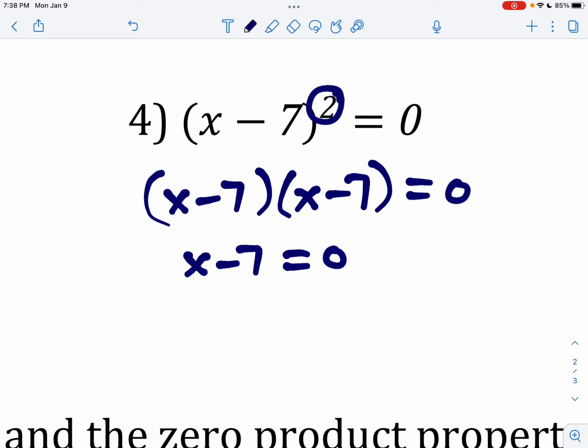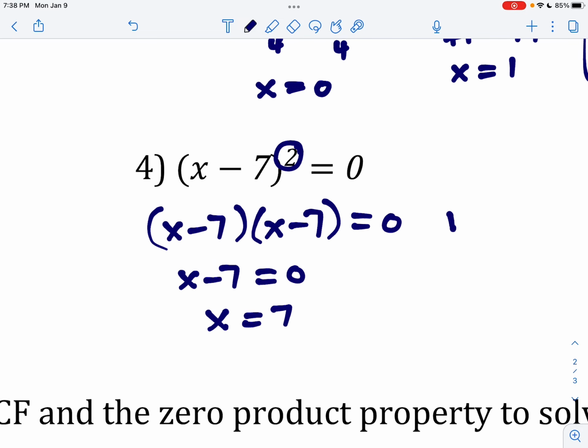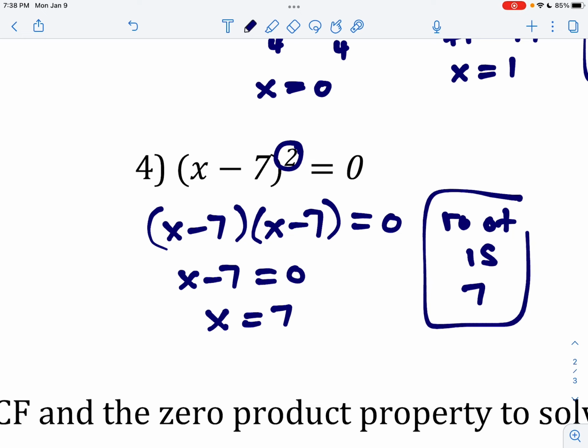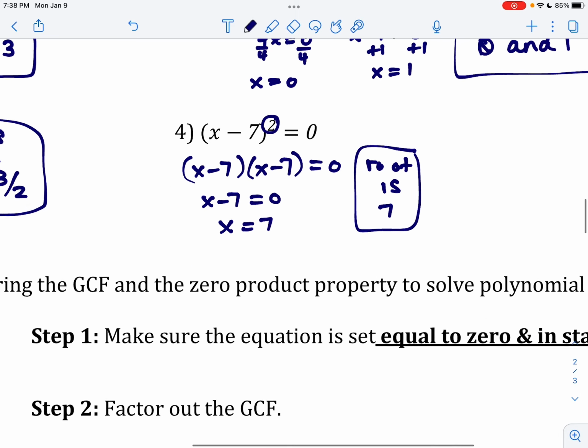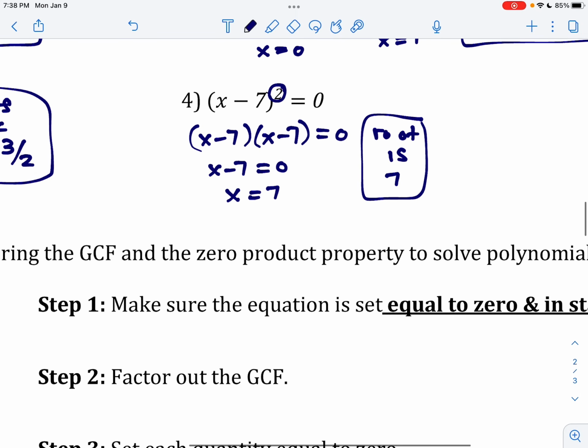Since they're both exactly the same, I don't need to write it equal to 0 twice. I'm just going to solve it one time, and I'm only going to have one root. So the root is 7. There's only one root or one 0 or one x-intercept.